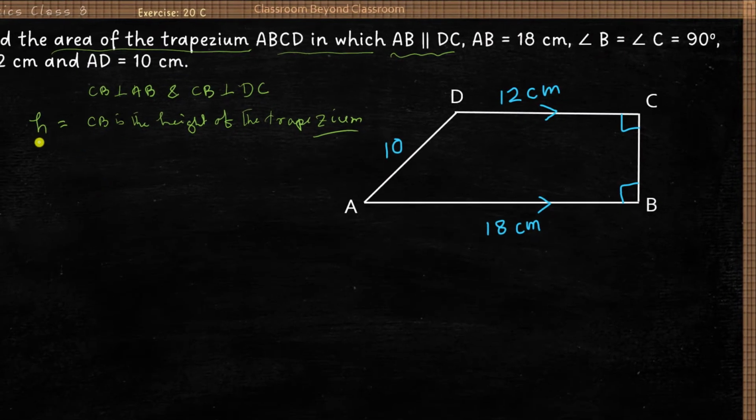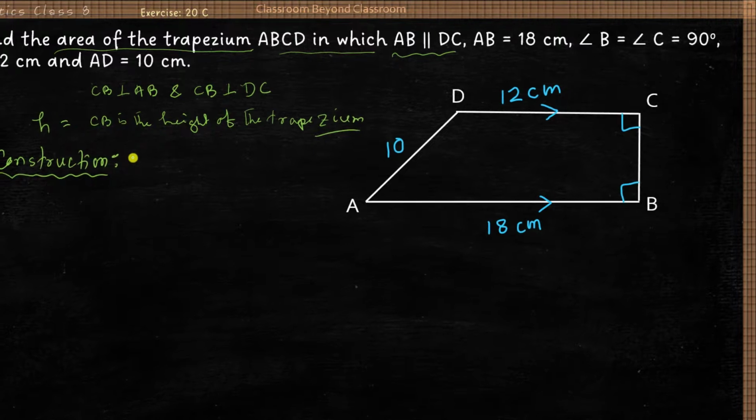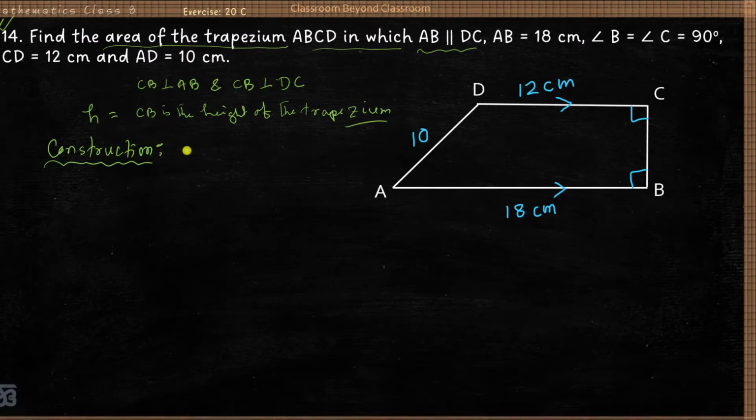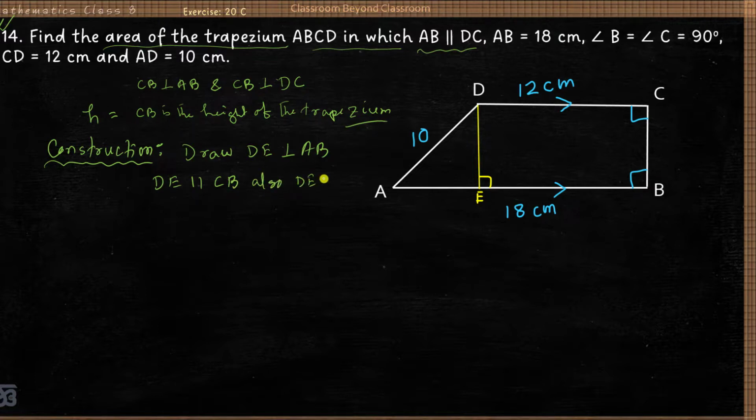So now a little bit of construction. Draw DE perpendicular to AB. Draw a line DE which is perpendicular to AB. Then DE is parallel to CB, and also DE is equal to CB.